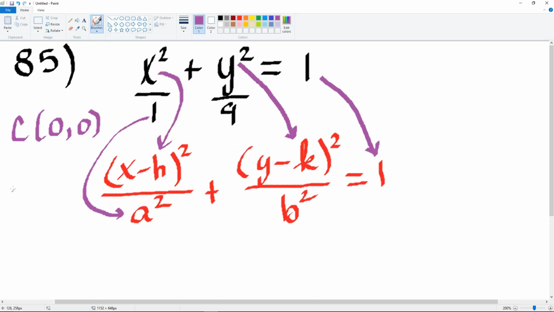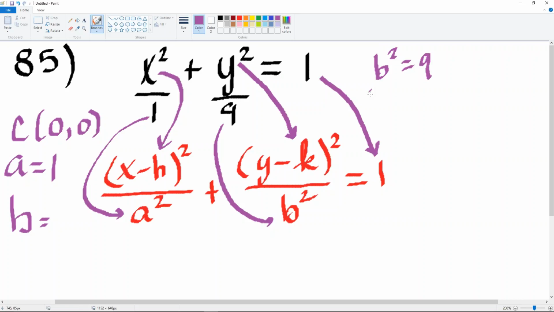If a squared is 1, what is a? 1. Now let's look at b squared. If b squared is 9, what is b? b squared is 9, so what's b? b squared equals 9. Okay, yeah, 3. b equals 3.